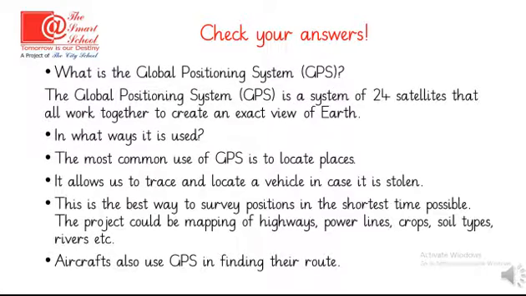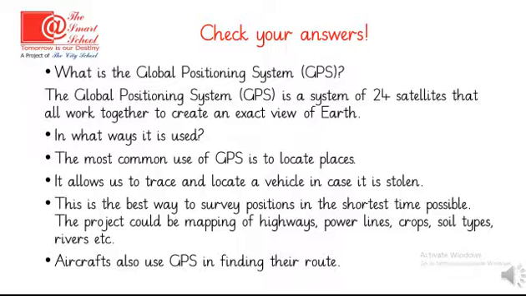What is the global positioning system? The global positioning system, or GPS, is a system of 24 satellites that all work together to create an exact view of Earth. In what ways is it used? The most common use of GPS is to locate places.